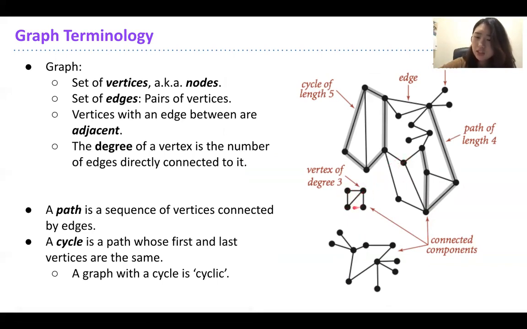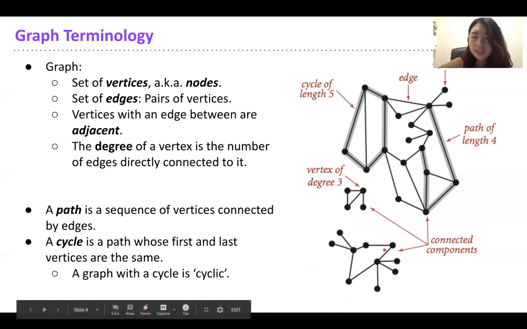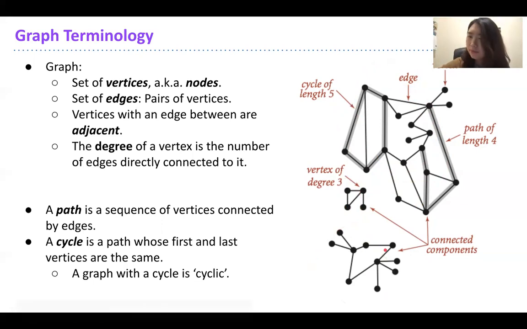Sometimes they use a terminology called strongly connected as well, but in this class, I guess we'll use the words connected components. So this is on its own island, this is on its own island, and this is on its own island. So there are a total of three connected components. I hope you can make clear distinctions between them.